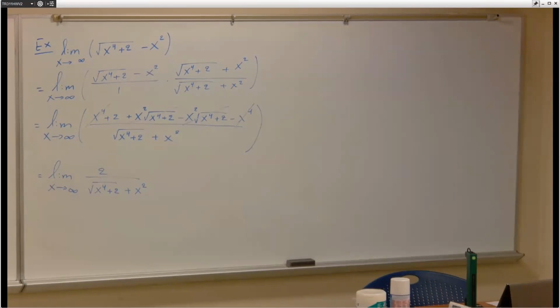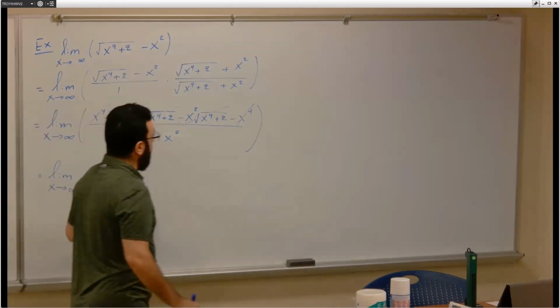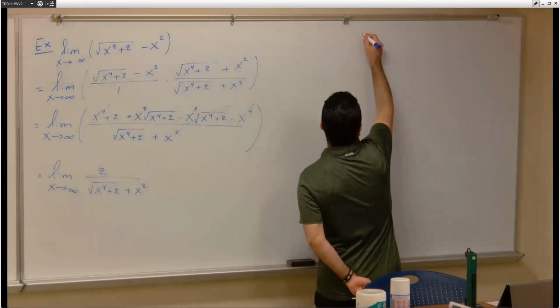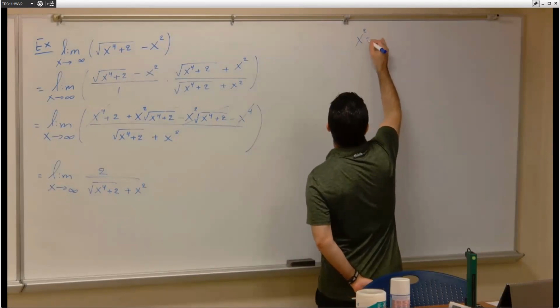On the bottom, I need to divide by x to the power of what? Can I divide by x to the power 4? I can't, because I have roots here. So in this case, x squared is equal to the square root of x to the power 4.